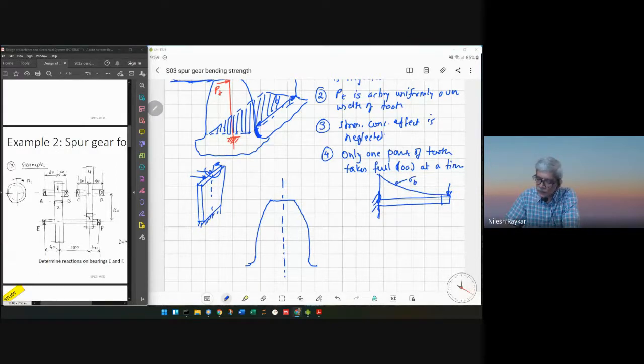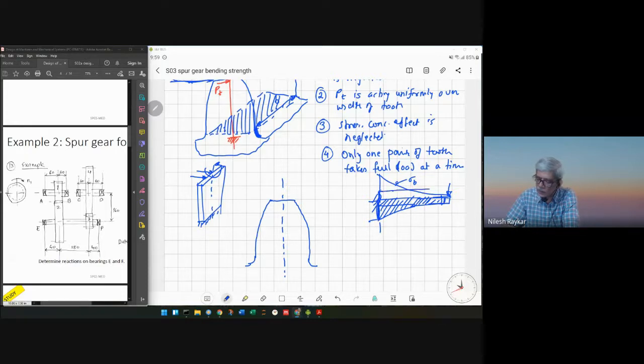But if you make this cross section variable, if you make a beam of this type, you can maintain the bending stress uniform instead of varying. Wherever a larger bending moment is there, you keep a larger cross section, and wherever it is smaller, you keep it smaller.